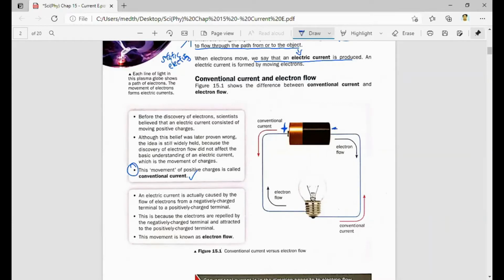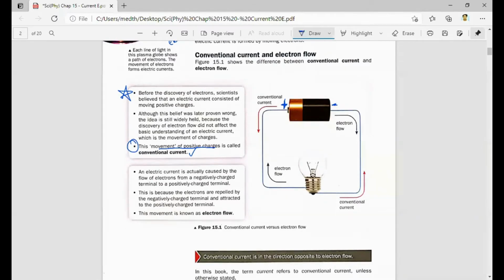This movement, the flow of positive charges from the positive terminal to the negative terminal, we call conventional current. And this is the one that we will always use when we go through our circuit. A lot of the things that we have created are based on conventional current.